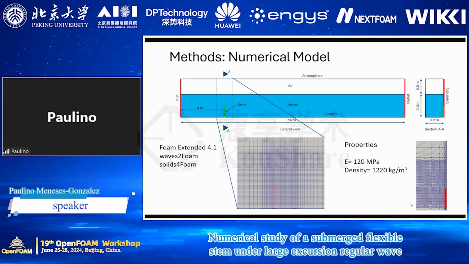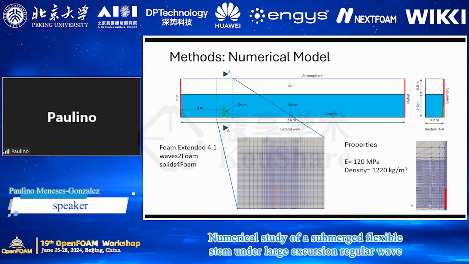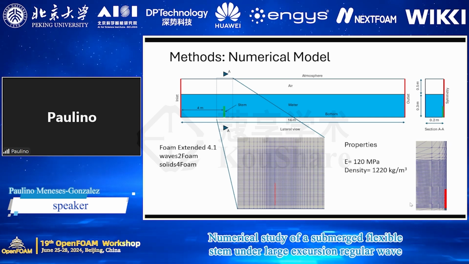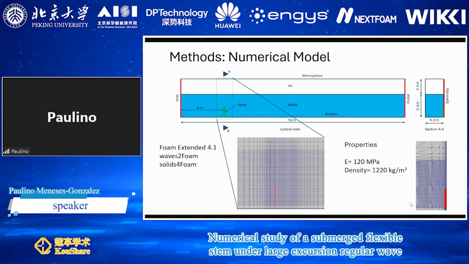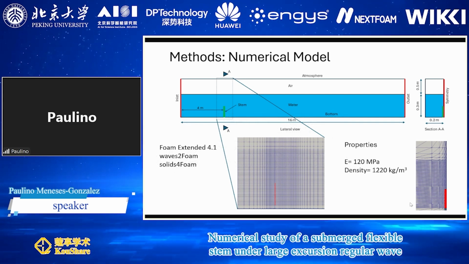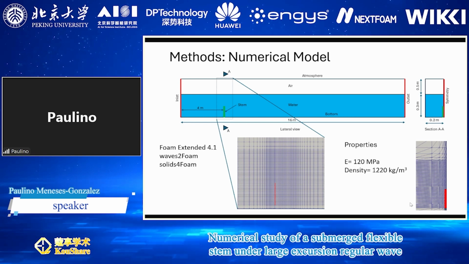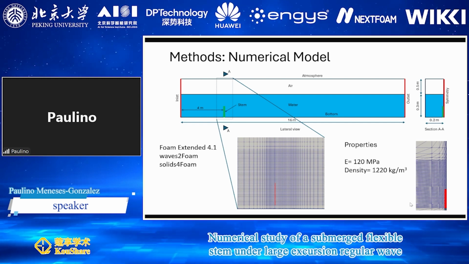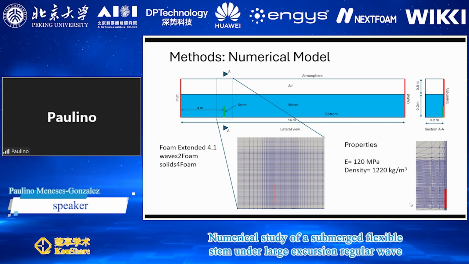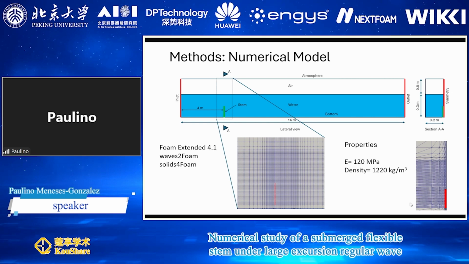Then we made the simulations, obviously in OpenFOAM, since we are at an OpenFOAM workshop. In this case I used the Foam-Extended 4.1 version, and also the solids4foam library to solve the mechanical problem.